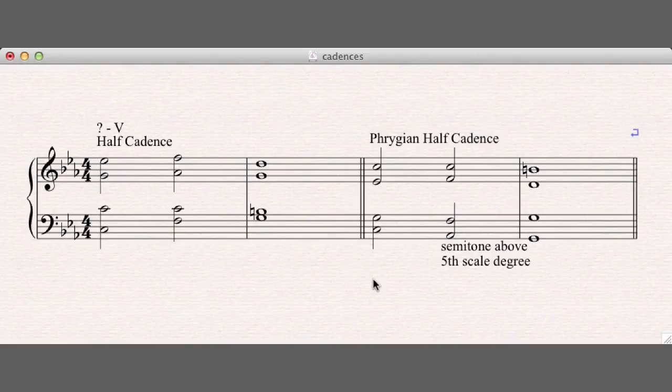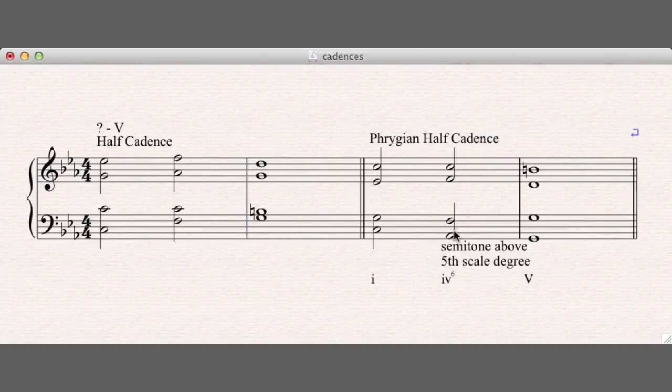You notice, this is also a 1-4-5 chord progression. Let me do some harmonic analysis though. Here we've got our 1. And here we've got our 4, but our 4 isn't in root position, it's in first inversion. And then we get the 5. And let's say our phrase ends on the 5.